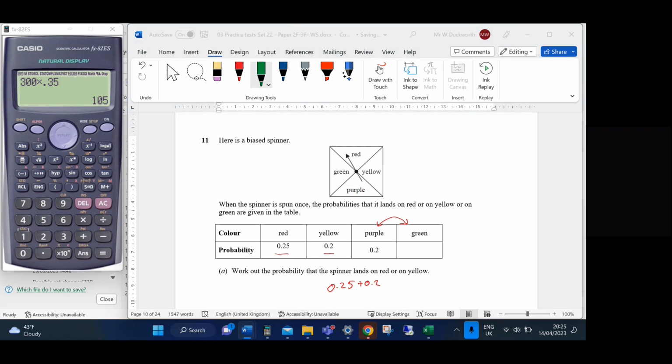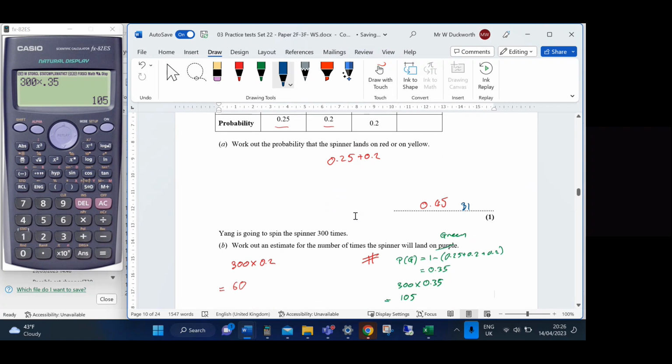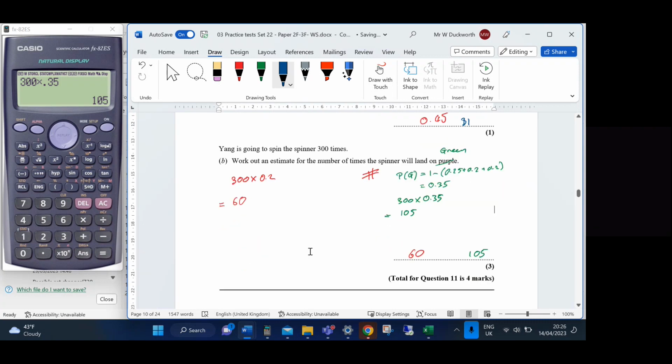So for question 11, for part A, it is a B1 just for 0.45, so B1. And then for the second part, yes, as I thought, they've got the answer 105, so they've not spotted the mistake there.